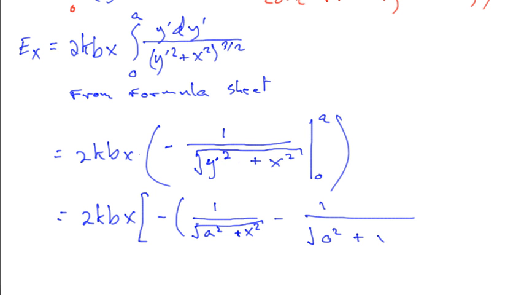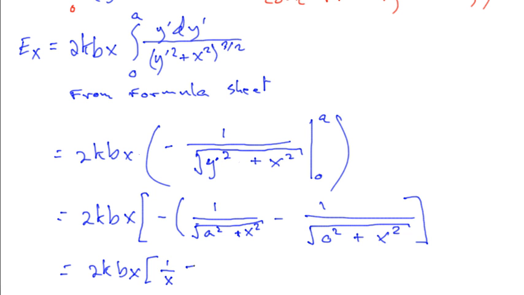It was plus in both cases. So that'll be 2kbx times, I'll take the minus and minus, which makes this term plus, and that's going to be 1 over x. And I have to be careful, because the square root of that gives me plus or minus x. I have to think about that.